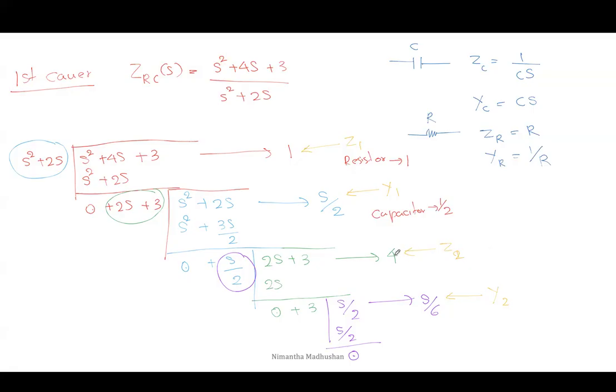And Z2 is again a resistor. The value is 1 over 4. Sorry, it is a 4, not 1 over 4, because it is an impedance value.